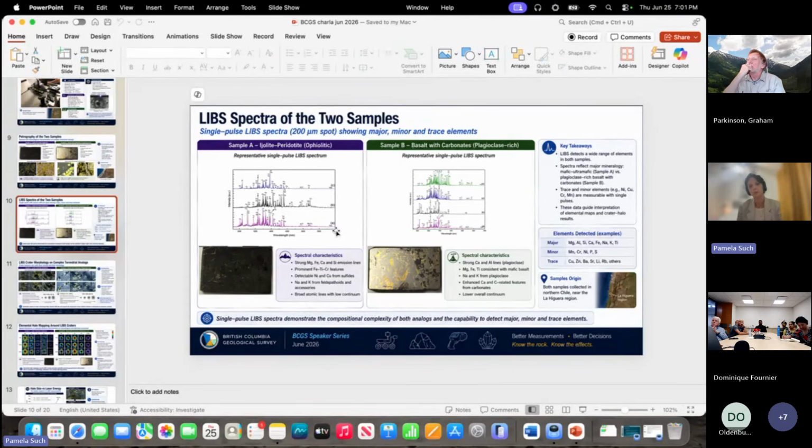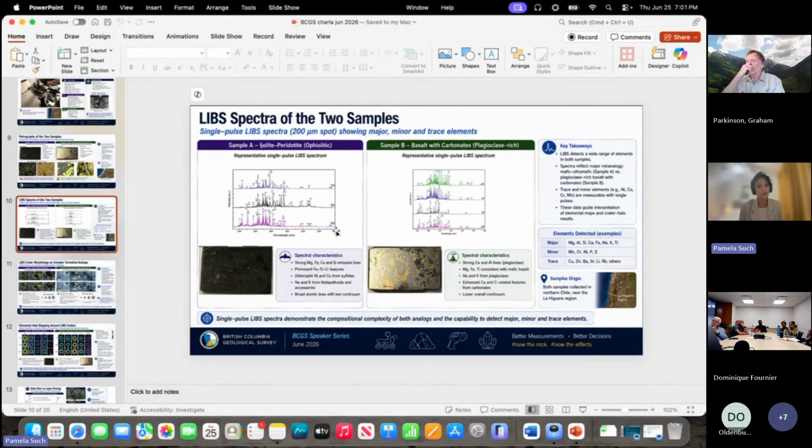We have to be sure the information we're getting is correct, even when there are very small areas of up to 500 microns or less. It has to be 100% correct. When you're working in mining, it's a different context because you have access, you have the energy, you have the instruments and everything.